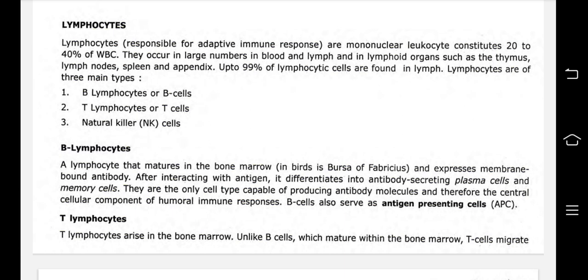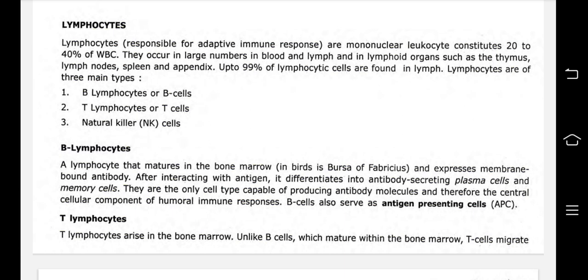Lymphocytes are of three main types: B lymphocytes or B cells, T lymphocytes or T cells, and natural killer cells or NK cells. First, B lymphocytes. In birds, a lymphocyte matures in the Bursa of Fabricius.